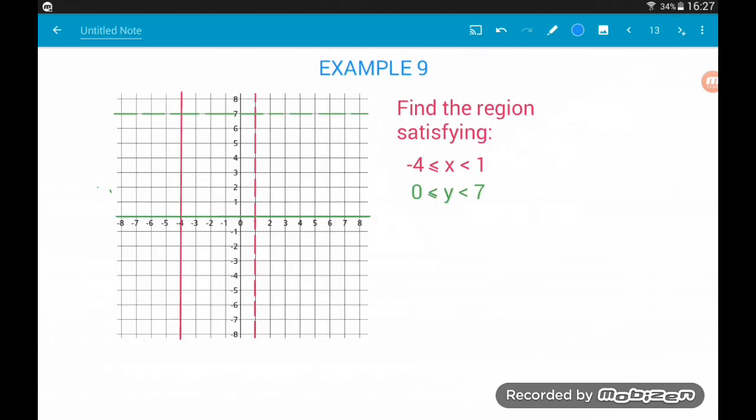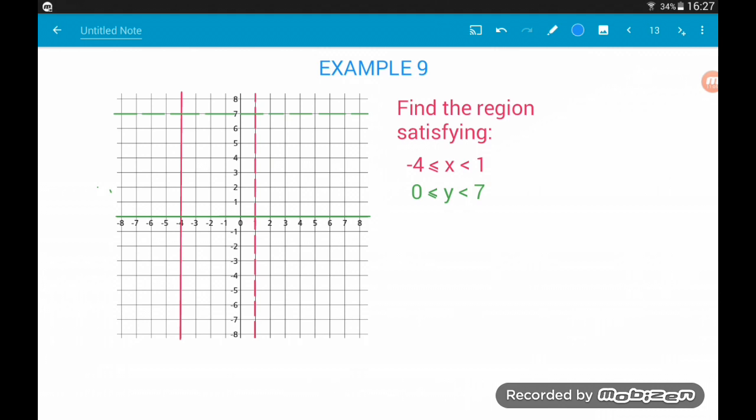Okay, one more example. So here we've got two double inequalities, a double x inequality and a double y inequality. So let's first of all work out the x inequality then. So we want x to be greater than or equal to minus 4 but strictly less than 1.